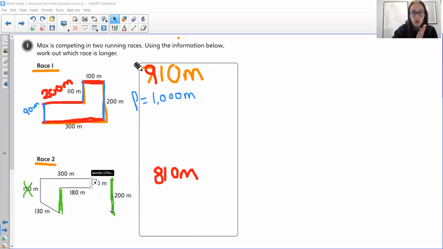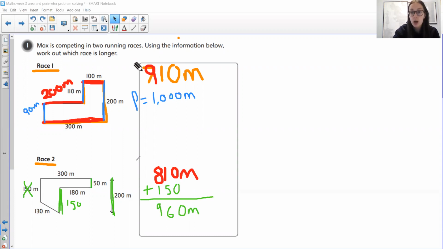So the whole is 200, one part's 50, so this part must be 150. So I need to add 150 to the 810 I've already got. 10 add 5 tens would be 6 tens. 800 add 100 would be 900. So the perimeter of race 2 would be 960 meters.